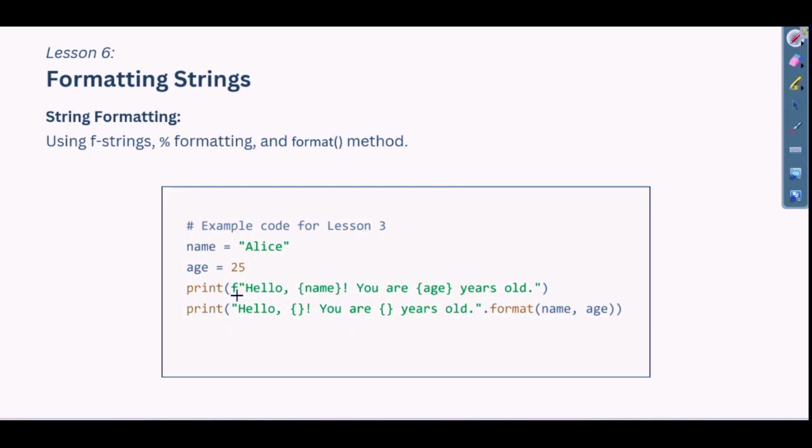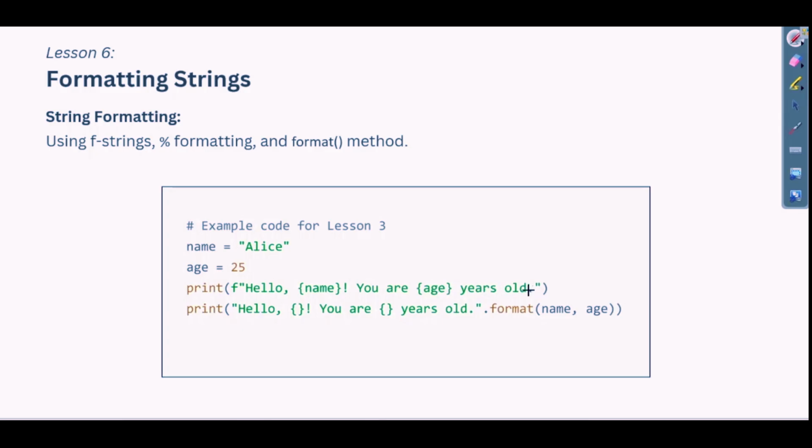Here we have written f, then a double quote, hello comma, and then inside curly brackets we have written a variable name. Then we have written some more text, and again inside curly brackets we have mentioned one more variable named age.